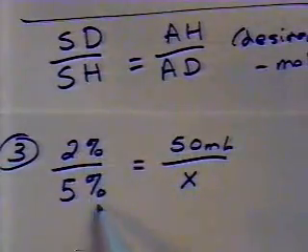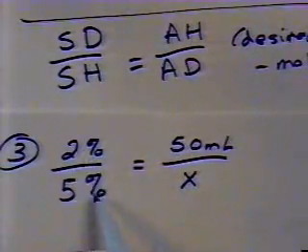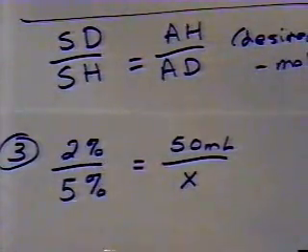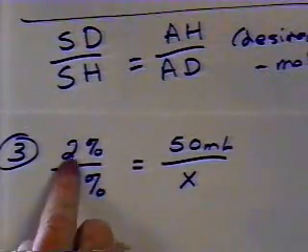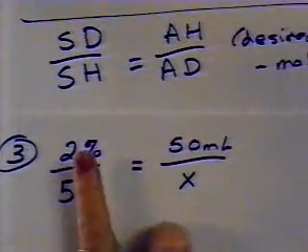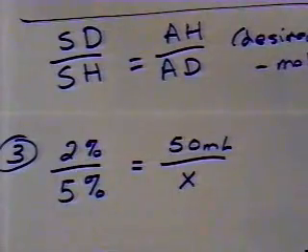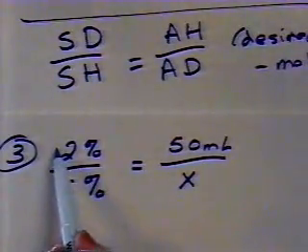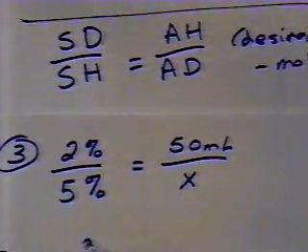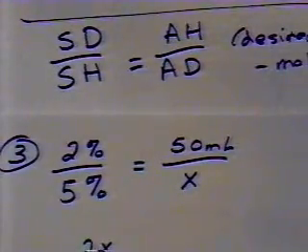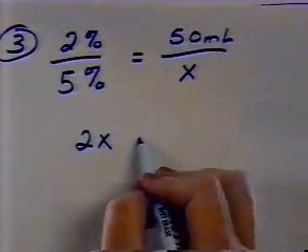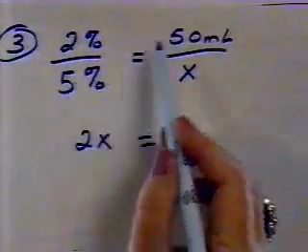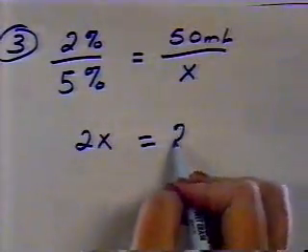This time the labels match up and down. And the percent can be looked just as a label here. This time we don't have to change it to 0.2%. We can pretend that's just like a label. So to multiply, I go 2 times x equals 5 times 50.